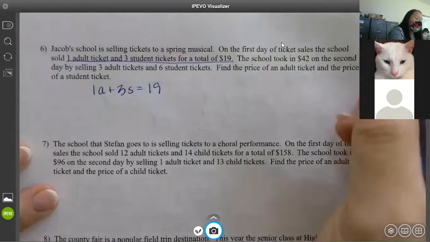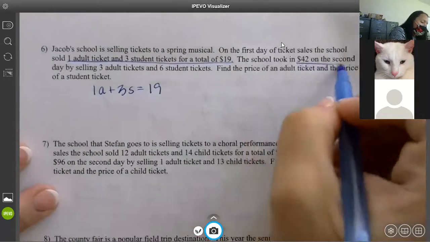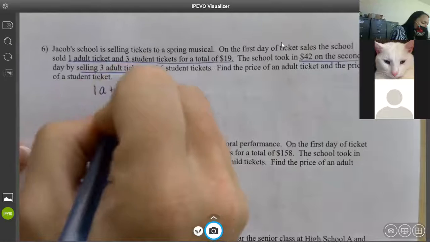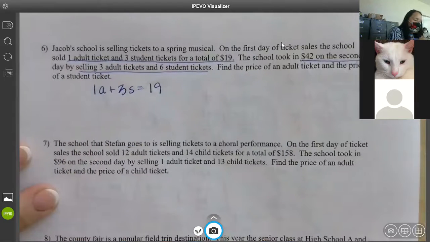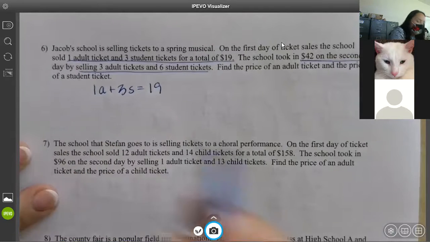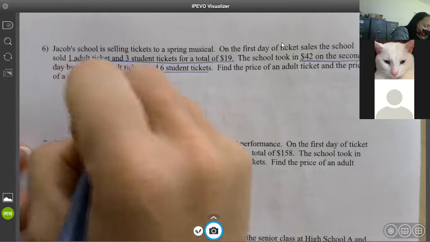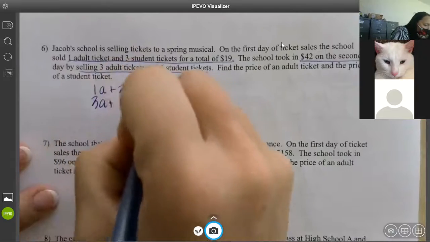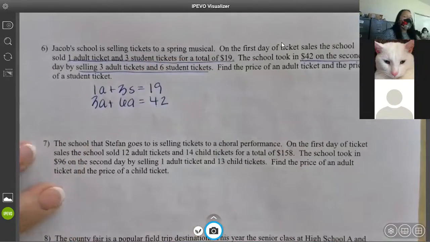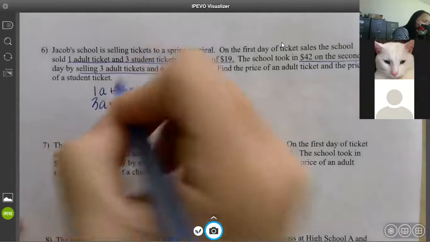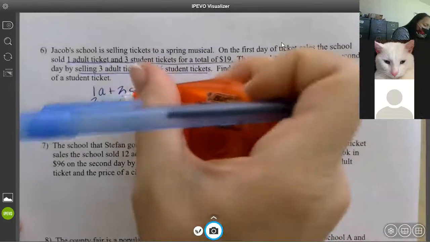Then the other one, they write it kind of backwards. Took in $42 by selling 3 adults and 6 student tickets. So how do I write that one? Match it up with this one. 3A plus 6S equals 42. That should be an S.